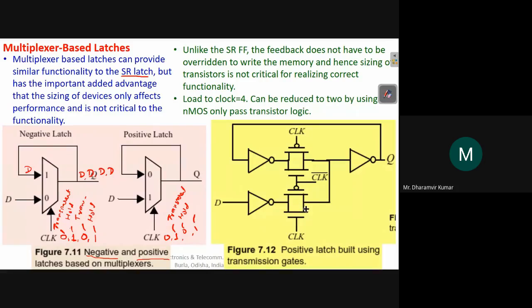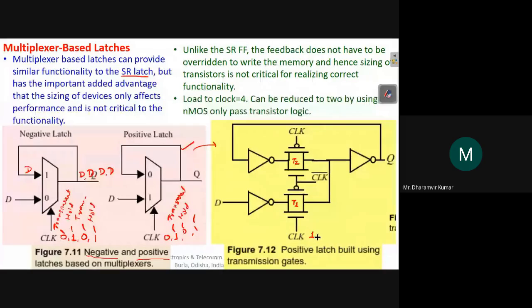Look at this. This is a transmission gate. Let's name this transmission gate 1, T1. This is transmission gate T2. So this circuit is a positive latch. Let's start with when clock is 1.